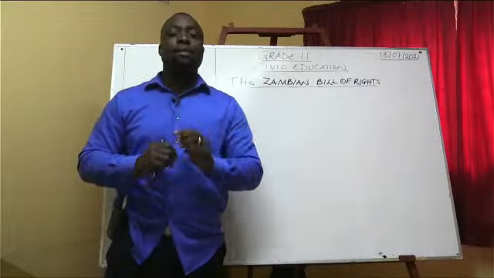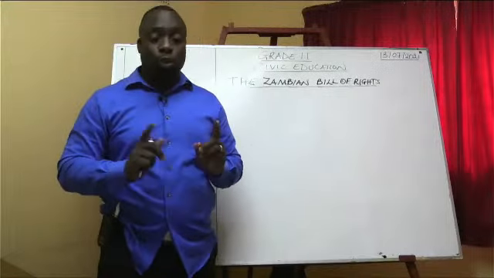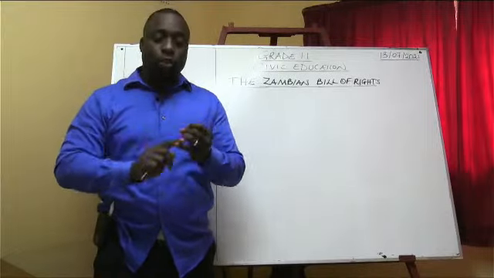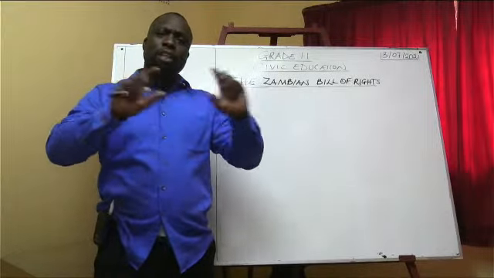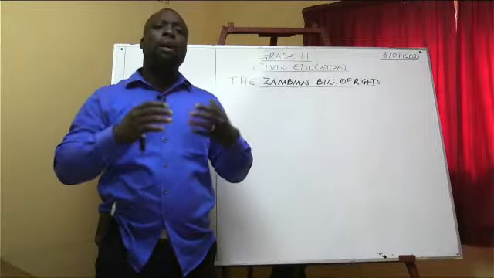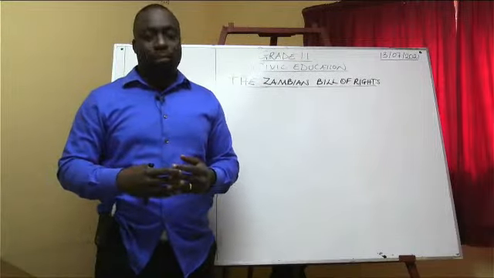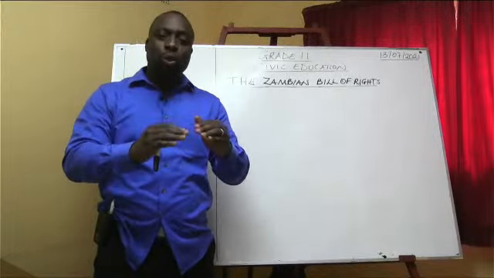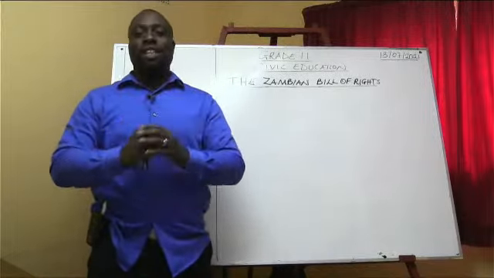If you remember in Grade 10, Topic 1, the Constitution, we looked at the structure of the Constitution. The first part of the Zambian Constitution talks about the sovereignty of Zambia as a sovereign state. Thereafter, Part 2 looks at citizenship.